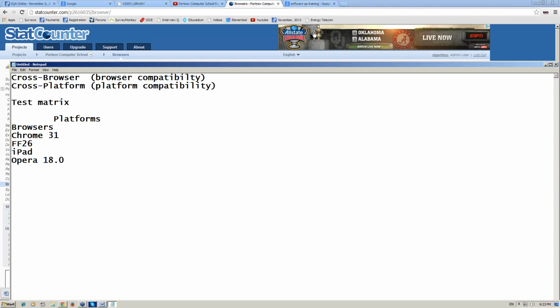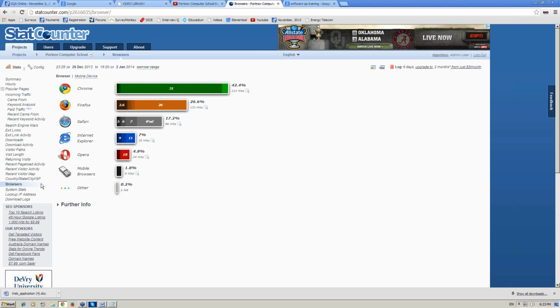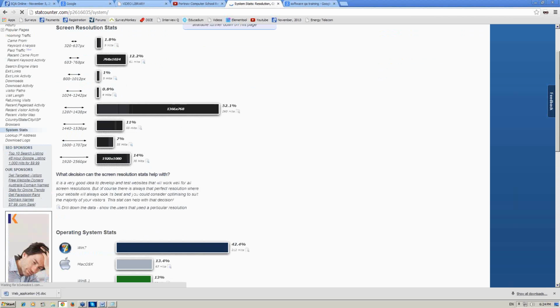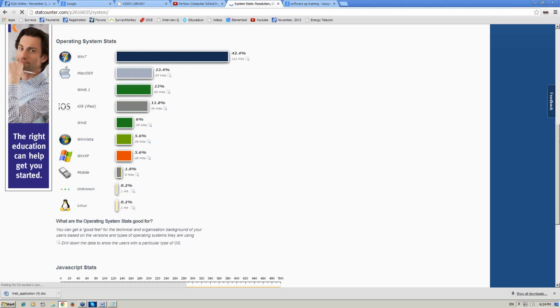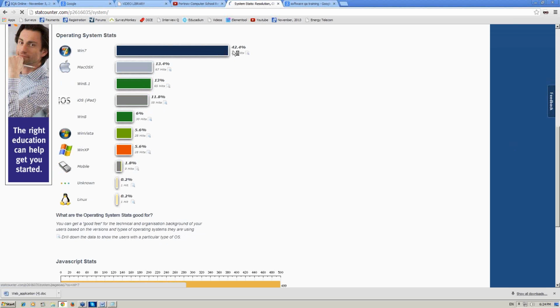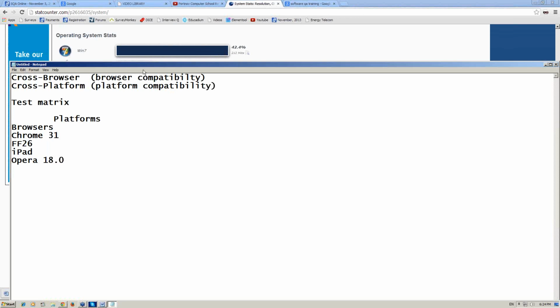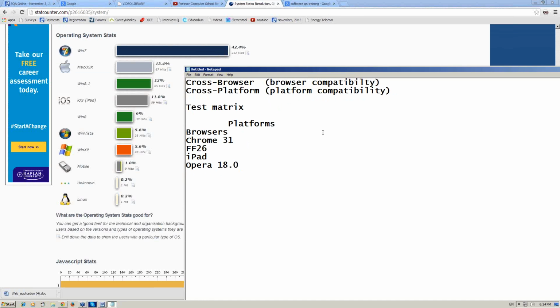Now, which platforms do we care about? Let's take a look. System statistics. Okay. Systems. Screen resolution is not what we do so far. Okay. Operating systems. Windows 7, 42%. Okay, Windows 7, let's do it. Let me bring it right here. Platforms, browsers, okay.